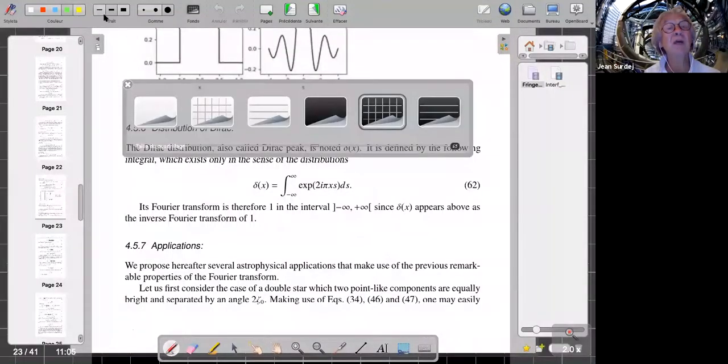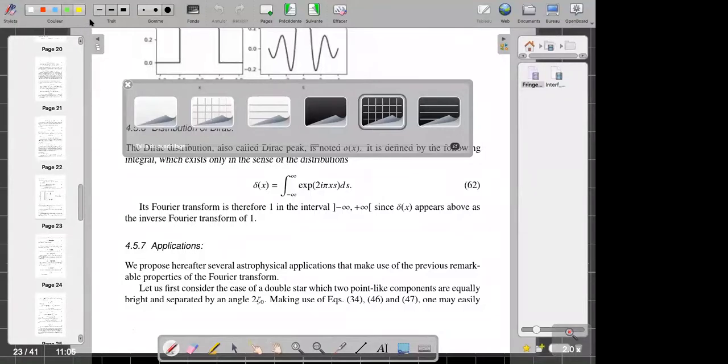Let's assume that I want to calculate the Fourier transform of the Dirac function, which depends, of course, on the variable s.